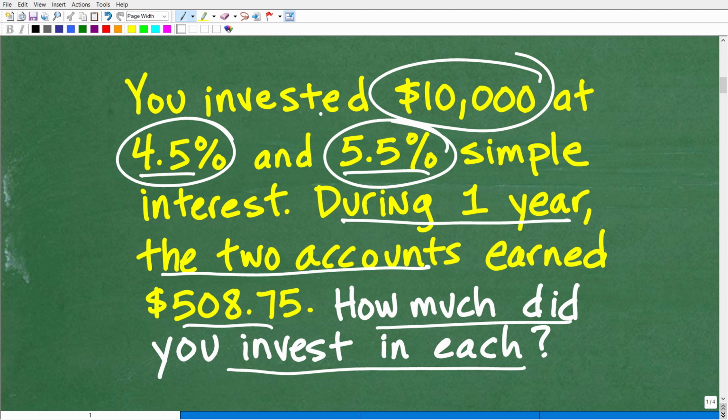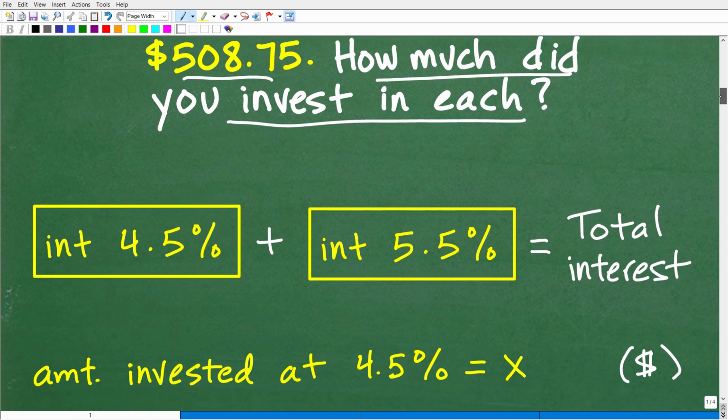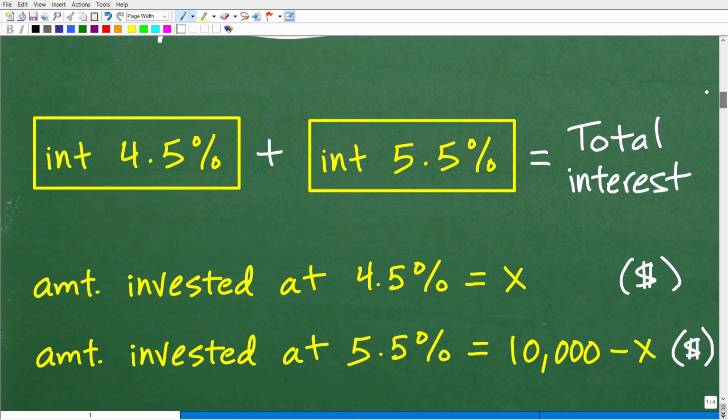So once you have a good grasp on the problem and what's being asked, we know we do have a lot of information here. What we need is some sort of model, some sort of visual model. And of course, here we're trying to understand how much did you invest in each account. There's a couple different ways you can approach it, but let's start off with this model here. Let's just focus in on this part. I'll explain this here in a second. But basically, here's the thing.